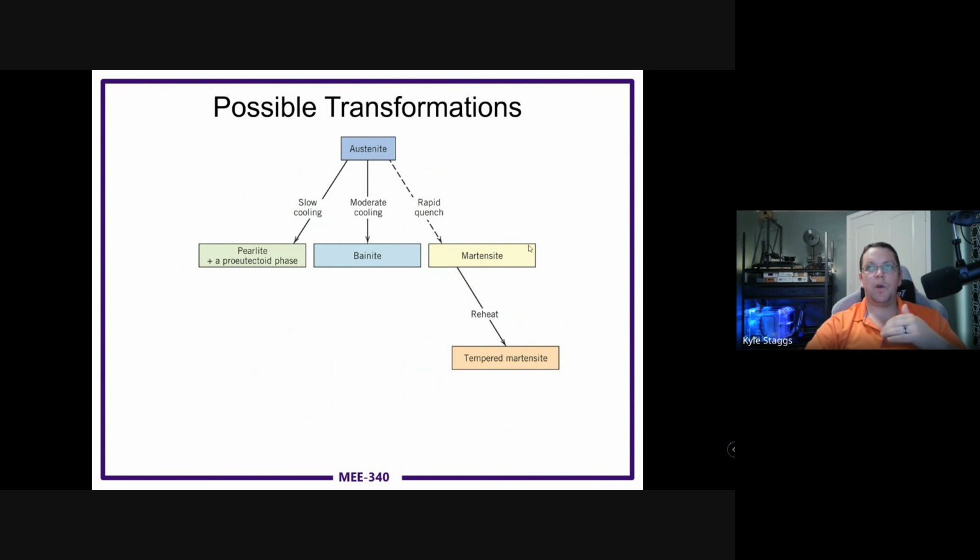So very, very hard surface, very inflexible, very brittle material, which then requires a second reheat in order to temper the martensite. So you're not heating it up to the same high temperatures, you're heating it up to a more moderate temperature in order to temper the martensite so that it's not as brittle.